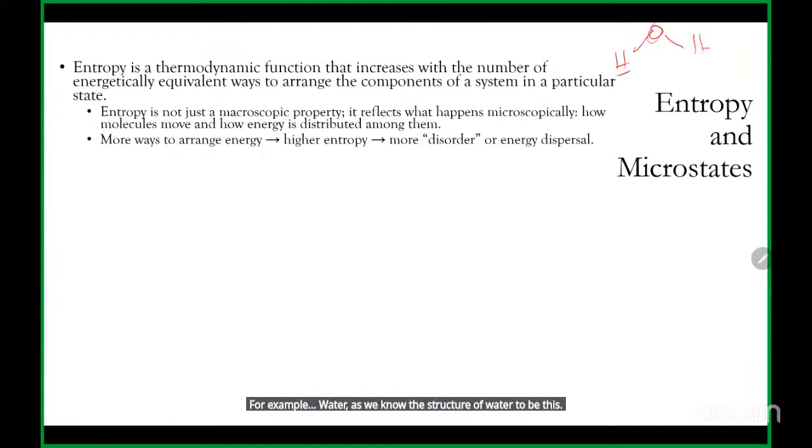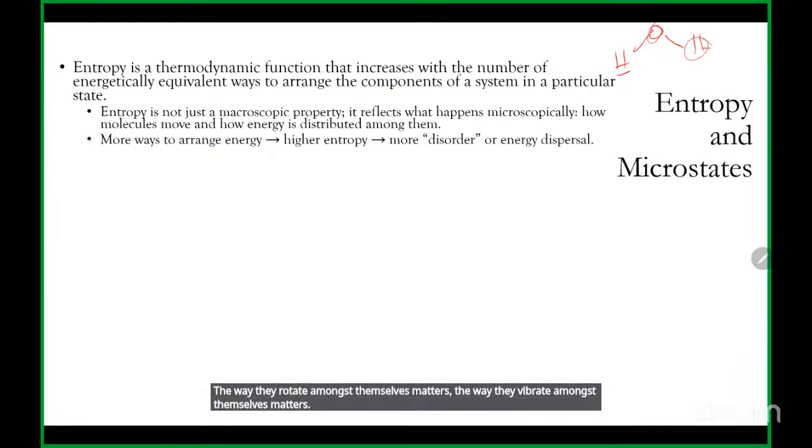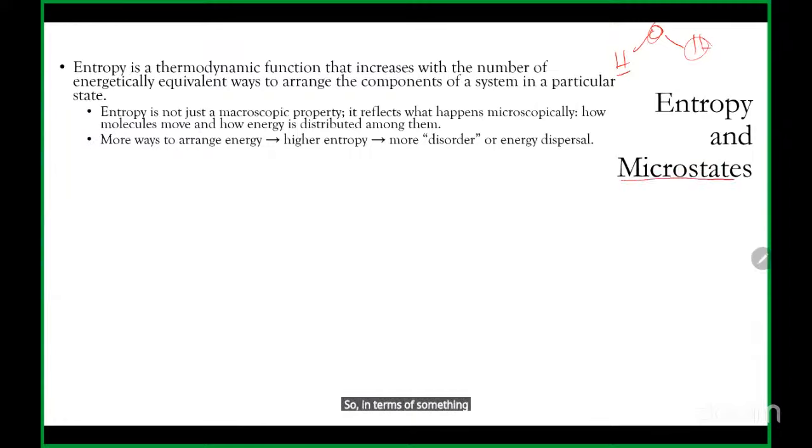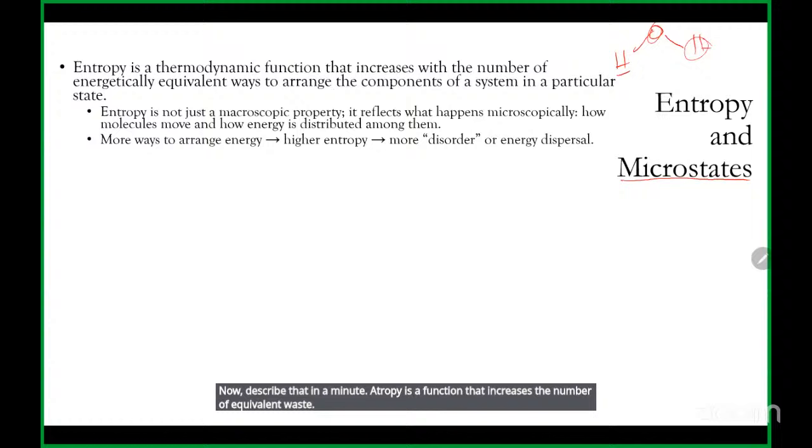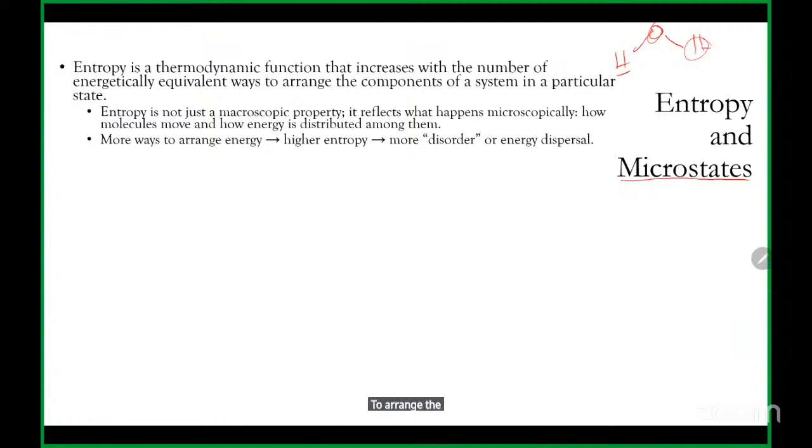So it has these different kinds of particles. The position matters, the way they rotate amongst themselves matters, the way they vibrate amongst themselves matters. So in terms of something that we call microstates, I will describe that in a minute. Entropy is a function that increases with the number of equivalent ways to arrange the components of a system.